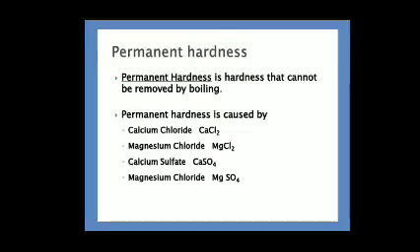Permanent hardness. Permanent hardness is hardness that cannot be removed by the boiling method. It is caused by chlorides and sulfates of calcium and magnesium present in water.